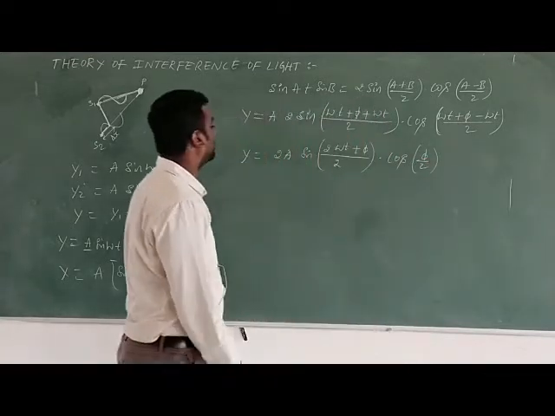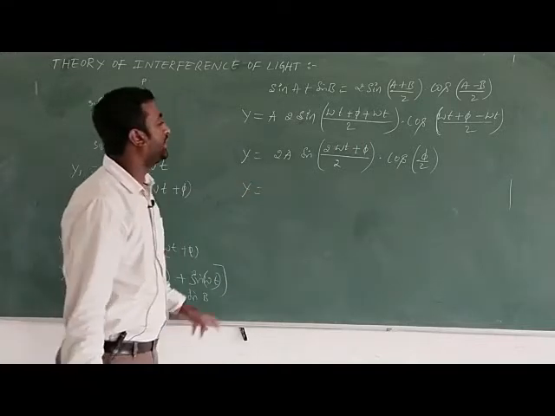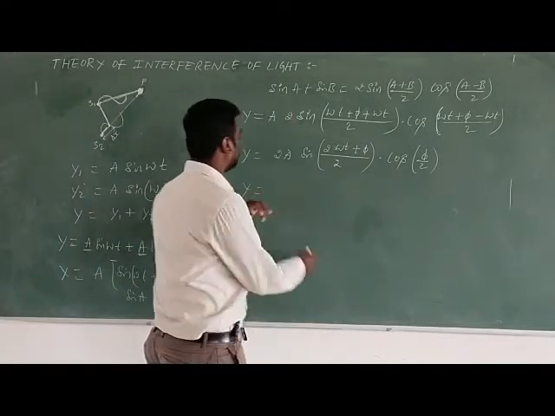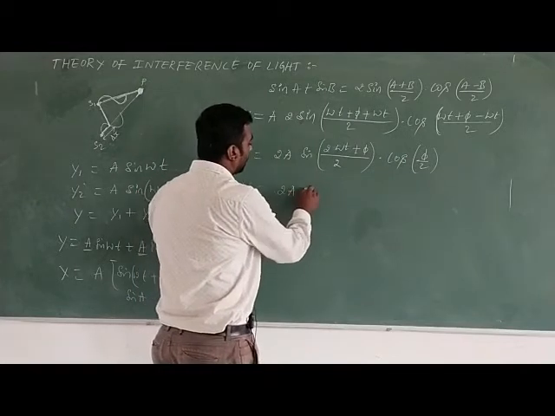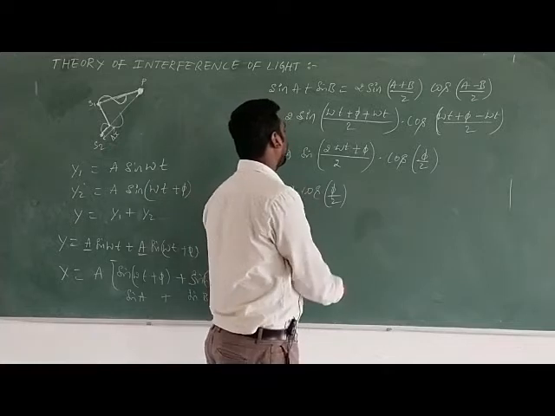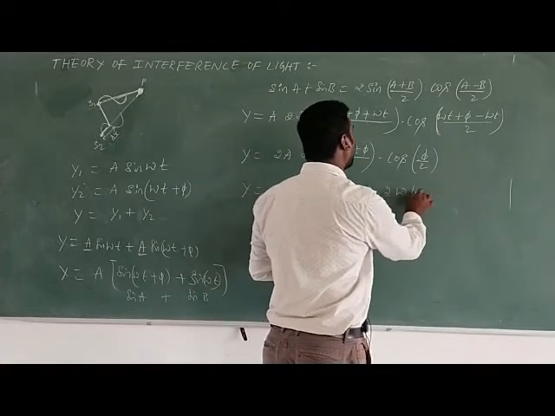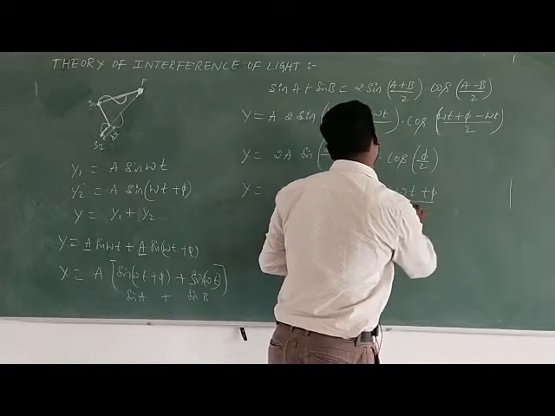Now this equation I am going to express in the form of simple harmonic motion, so I am going to take the cos function first. So 2a cos pi by 2 multiplied by sin of (2 omega t plus pi) divided by 2.